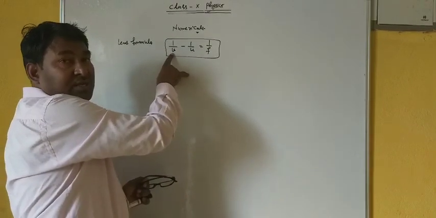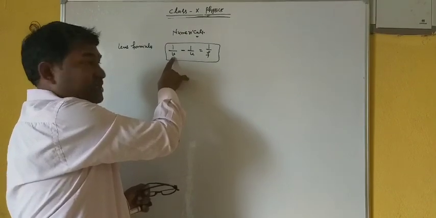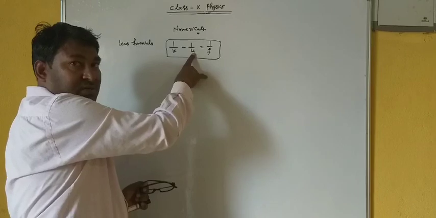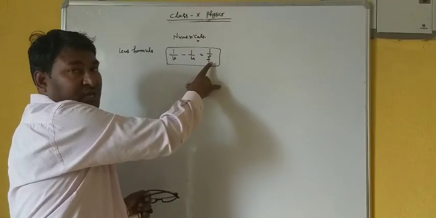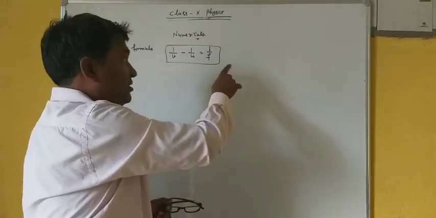V is the distance of an image from the optical center. U is the distance of an object from the optical center. F is the focal length, the distance of the second focus from the optical center.